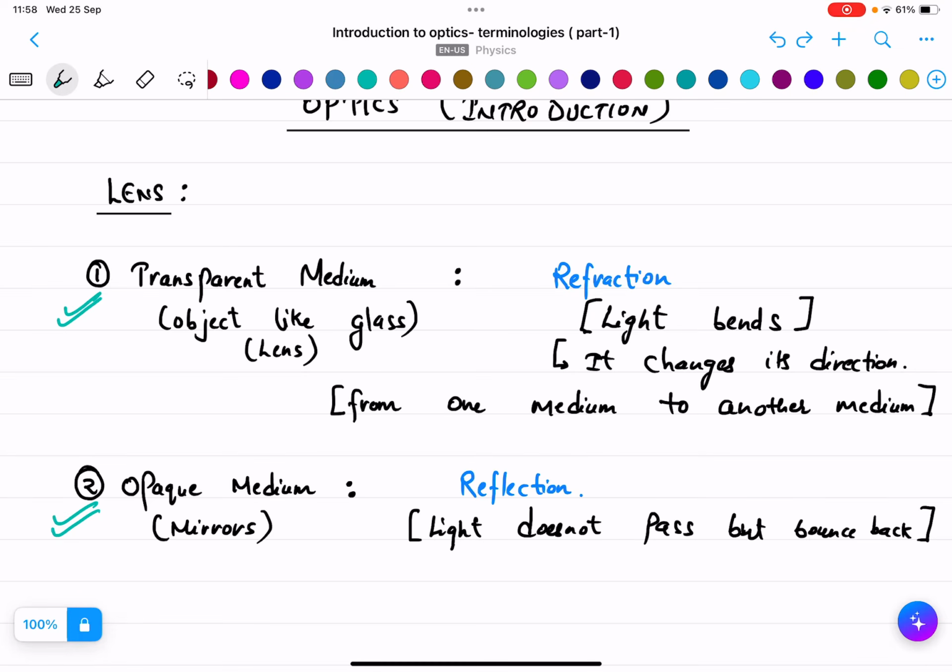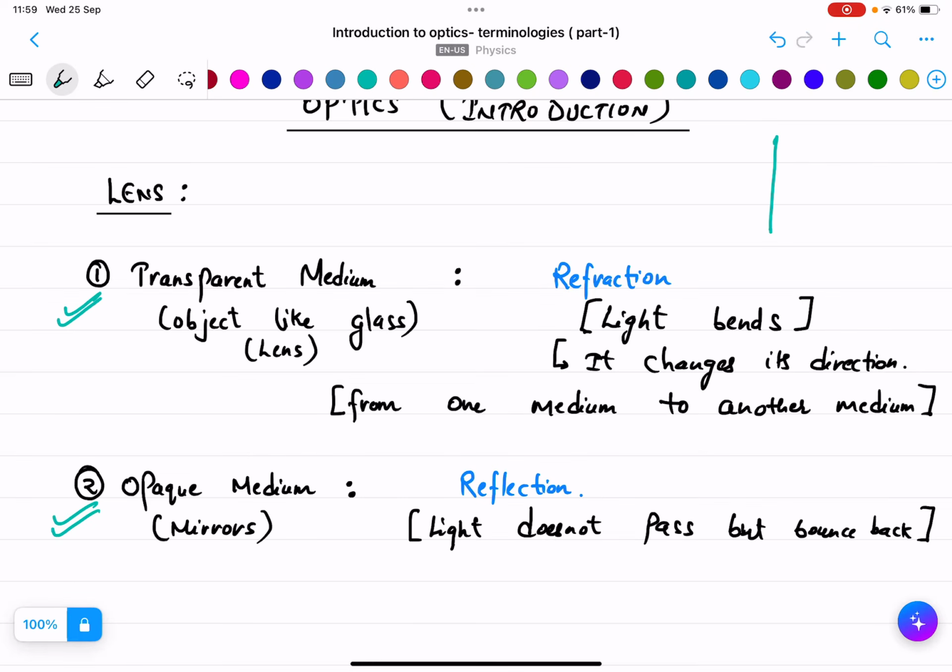Okay. When we are talking about lens or a glass, that means we are talking about refraction. But when we speak about the mirrors, we are speaking about reflection. So refraction and reflection, these are the two things. What is the difference between a refraction and a reflection?